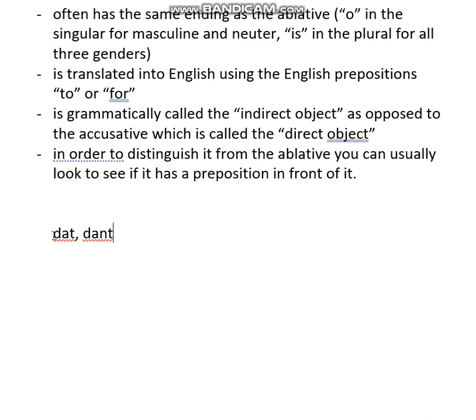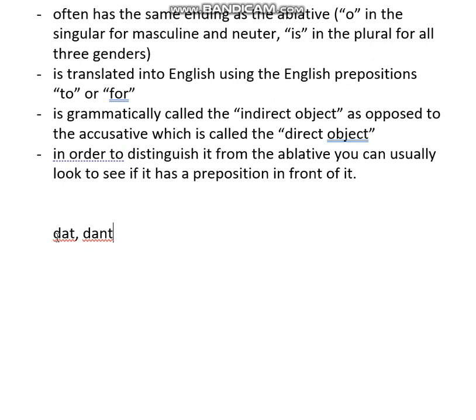This is a useful word for exploring the dative case because give is one of the main ways in which you use a direct object, because you have to be giving something, but then you also have to be giving something to someone else. So virtually every single time you have the word give, or in this case dat and dant, you also have to use the dative case.